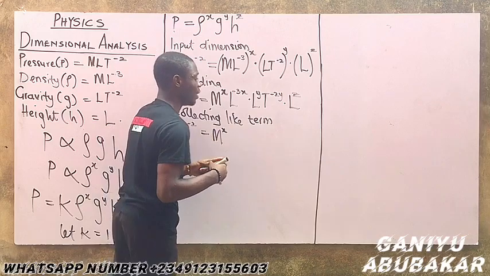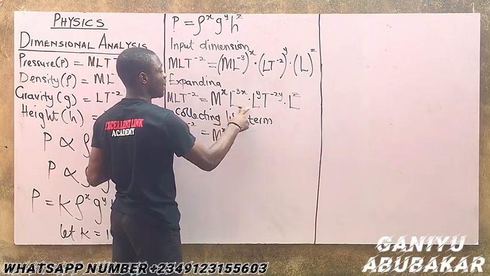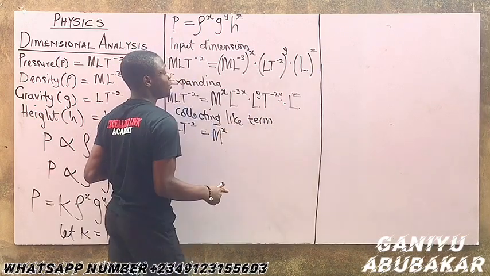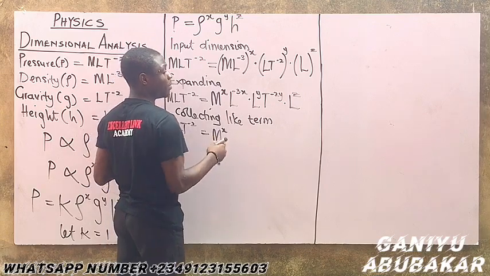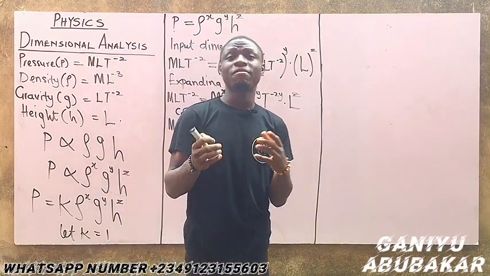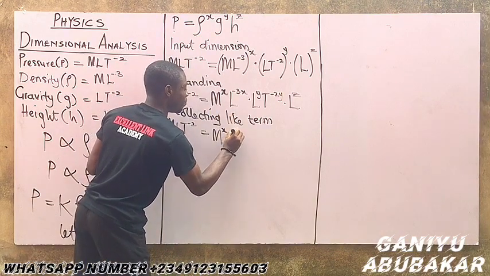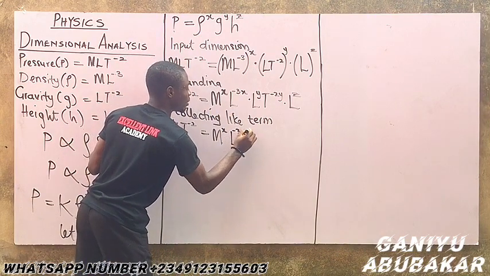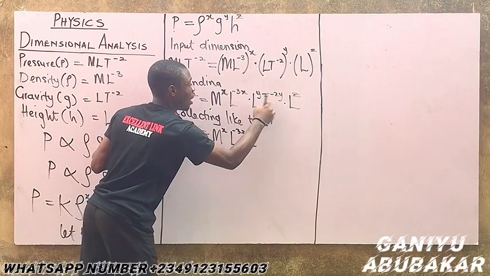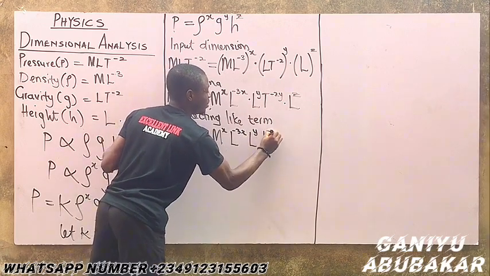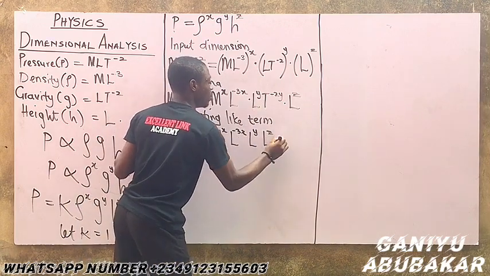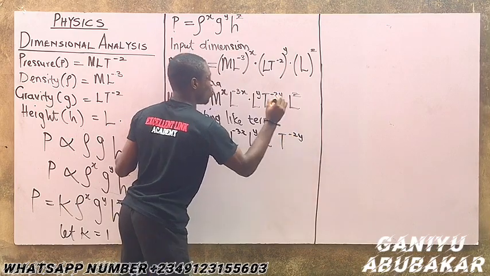Next up, pick out L. I'm having 3 Ls here. L, L, and L, right? So from the idea of indices, if like bases are multiplying, pick out this first L, L to the power 3x. Next up, L to the power y. And next up, L to the power z. Finally, I have what? T to the power minus 2y.